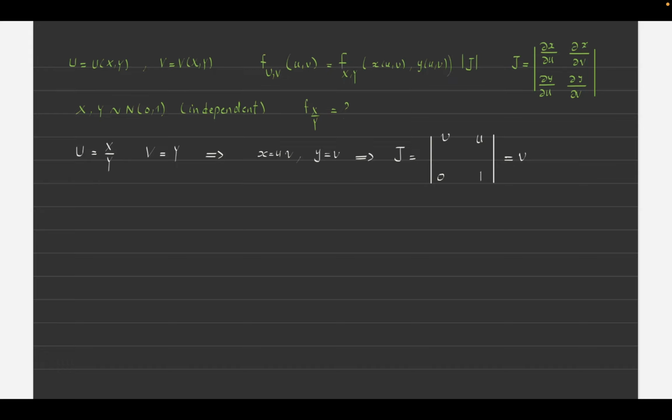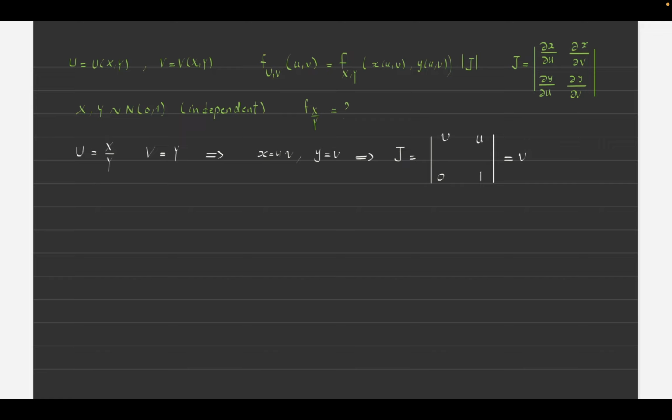Okay, something that's also very important. In this problem, we know that x and y can take any values because this is the normal distribution, yes? So they can be positive or they can be negative. So it means that this new y, this new v, can also go from minus infinity to infinity, and u also the same, because I am dividing two numbers that can be any numbers, so u can in principle be any number.